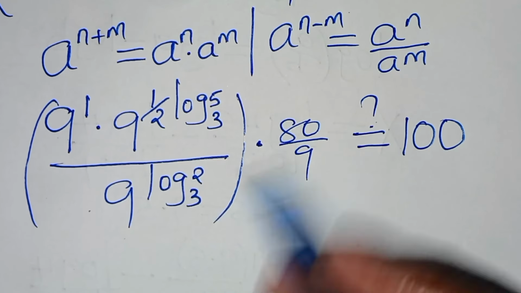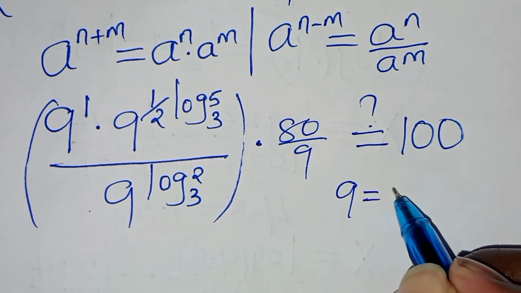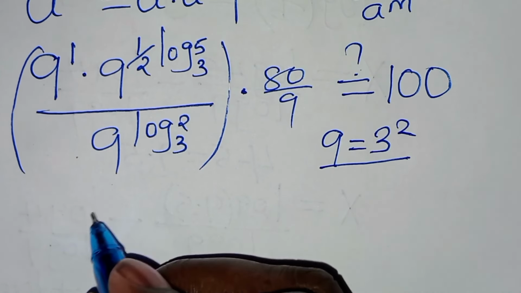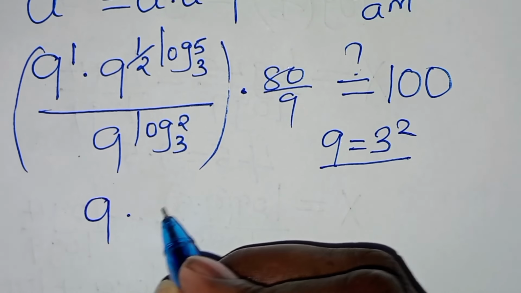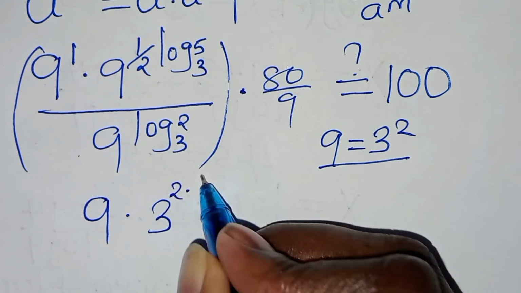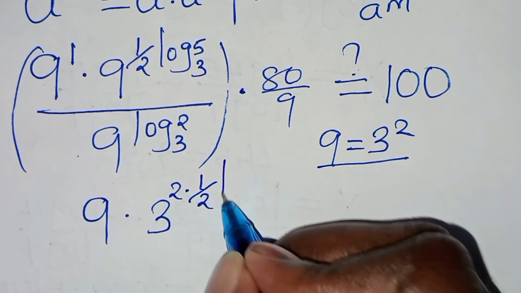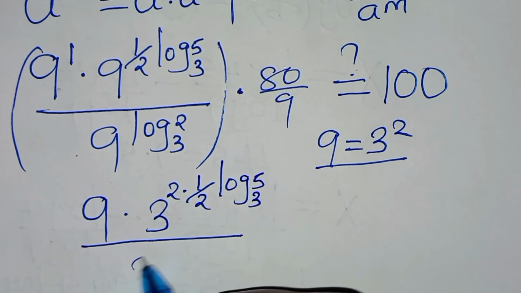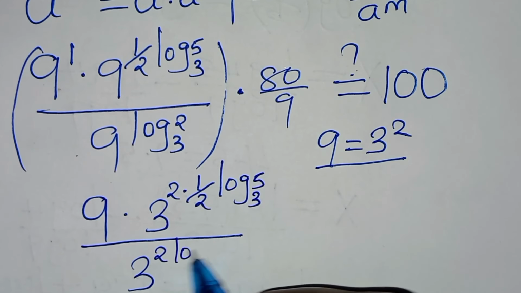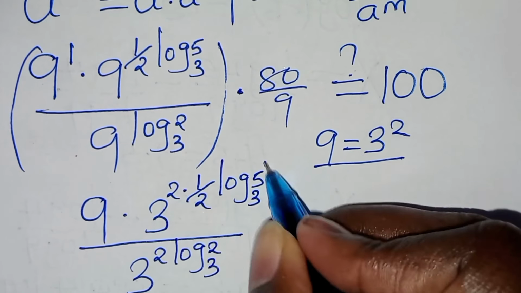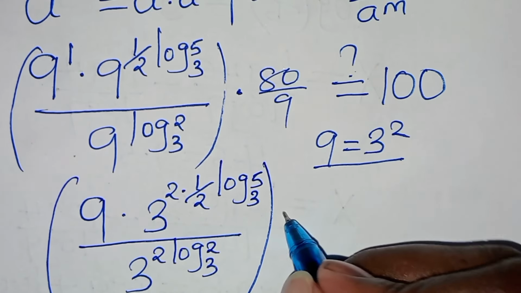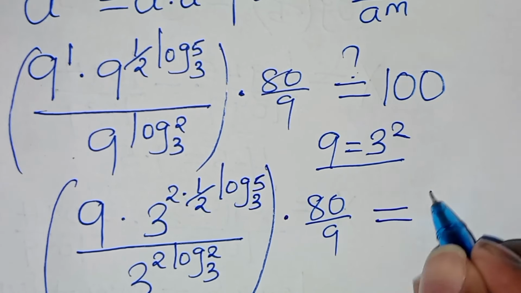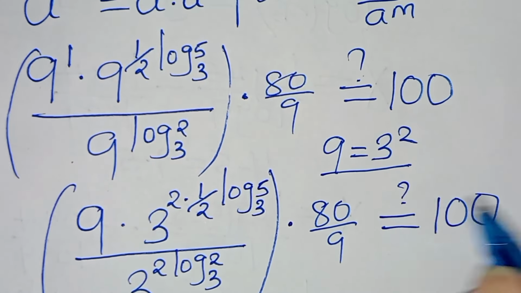So from here, we can express 9 as 3 to the power of 2. So this implies that here we have 9 times 3 to the power of 2 times a half raised to power log 5 to base 3 divided by 3 to the power of 2 log 2 to base 3. Everything here multiplied by 80 over 9. This should give us a value of 100.